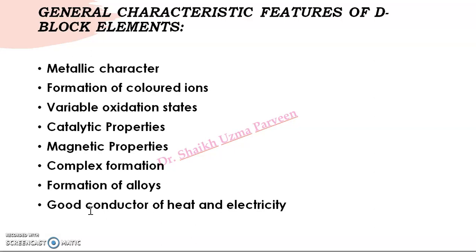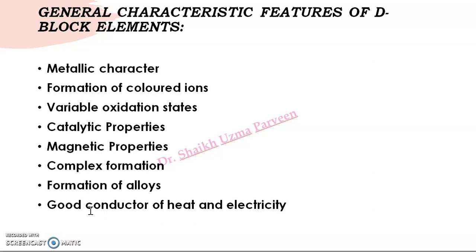Catalytic properties. Most of the d block elements like nickel, palladium, platinum and their compounds are used as catalysts. The catalytic activity of transition metals is due to the reason that they show a variety of oxidation states and thereby can form intermediate products with various reactants.